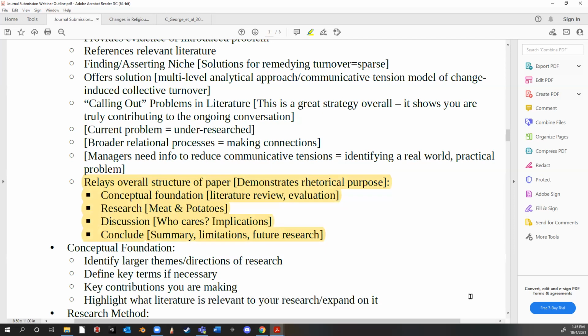It usually comes at the end of an introduction and guides the reader through what each section of your paper does, right? Whenever I write these, I always start them in the dumbest way possible. I say this paper will do this, this section will do this, and then after that I go back in and massage it to make it sound a little less like a robot and a little more like me. But a good roadmap can do a lot to clarify the argument that you're making for your audience.